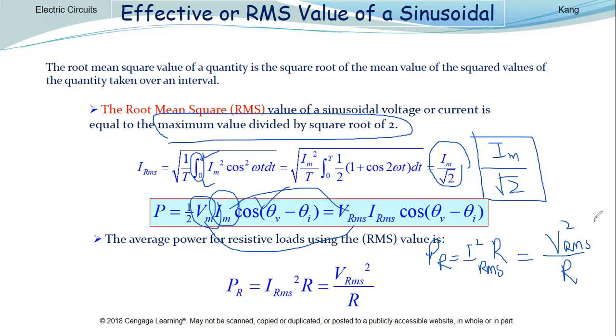So the average power for resistive loading using RMS values is P equals I square R, where I is the RMS value, and in the second case V square RMS divided by R.